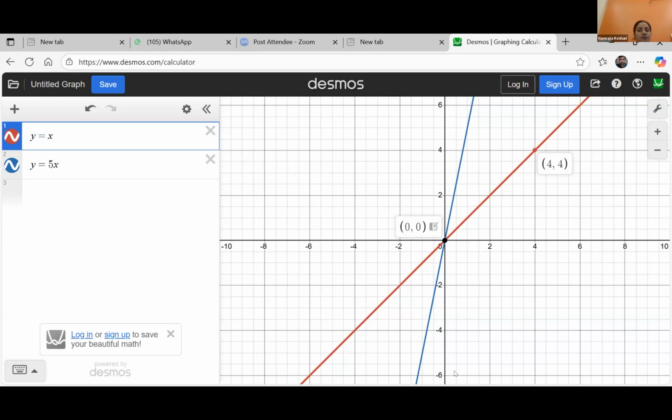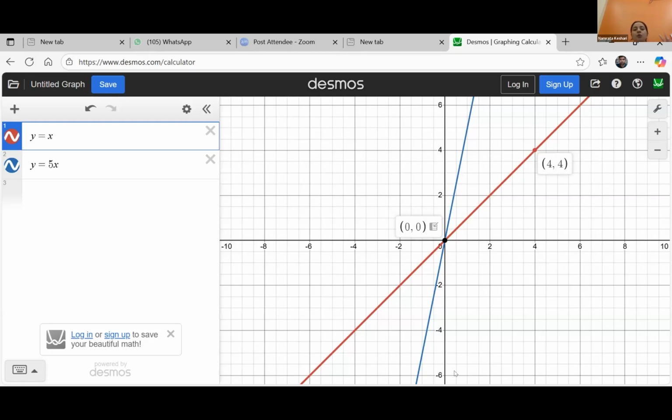Right, everyone? Aisha, Manvi, Mariam, are you getting the slope as 1 for the red colored line?